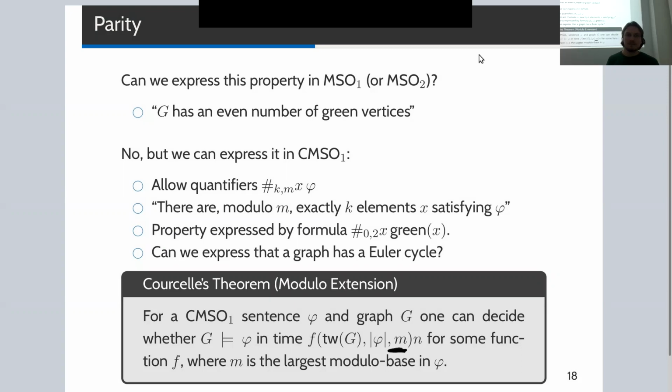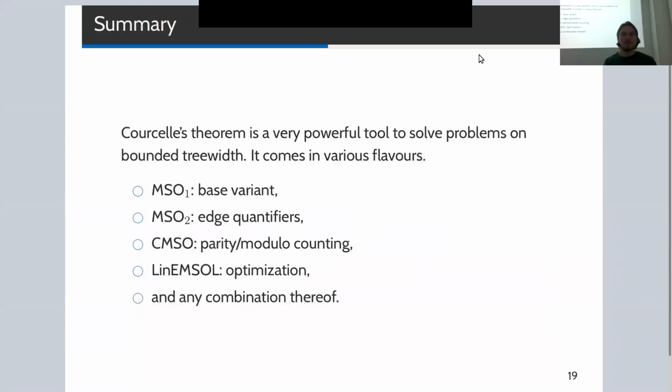And something that you can also prove, similar to the basic version that we're going to consider. So far, I would like to summarize what we have already. So you have Courcelle's theorem, and it can prove the basic version that we considered, which proves MSO1 properties. And as a simple corollary, using the subdivision trick, you can also do MSO2 model checking.